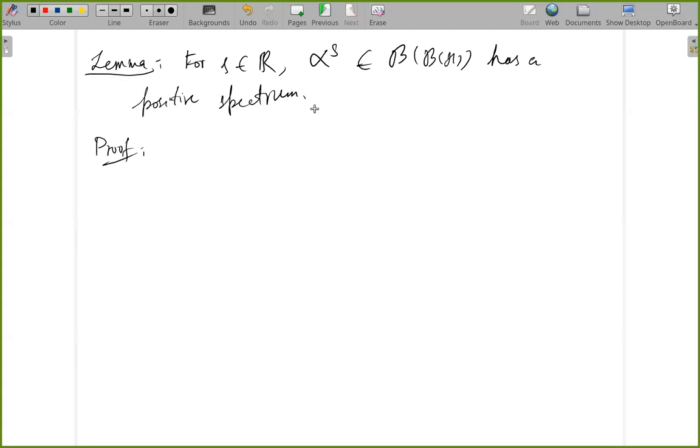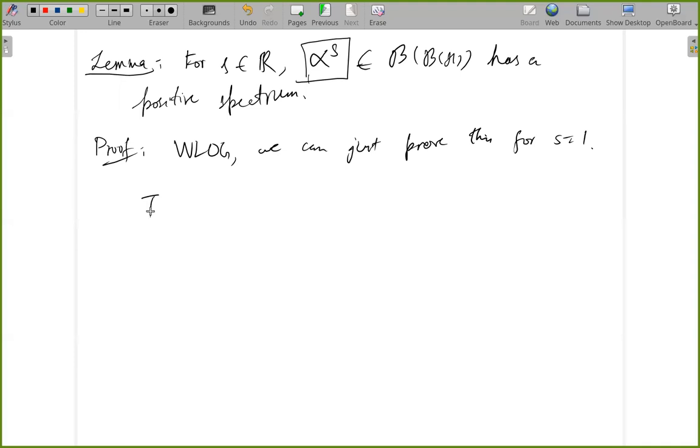So anyway, without loss of generality, we could have always thought of alpha to the s as being our T, right? So if I just prove it for T, that T has positive spectrum, by the same proof it will hold for any s, like s is just telling you where to look. So without loss of generality, we can just prove this assertion for s equals 1.